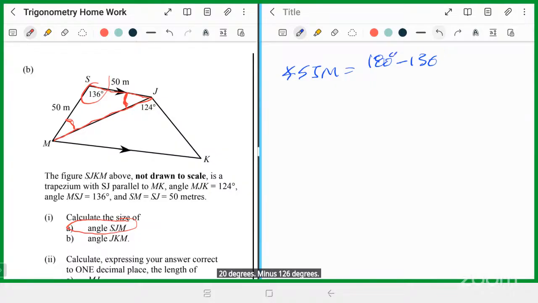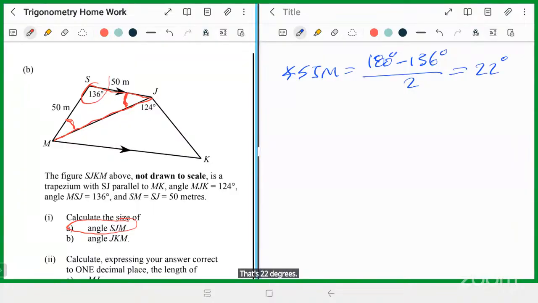That's the sum of the two angles remaining. And then divide that by 2. That's how we get that angle SGM. Do you understand that? Yes, sir. That's 22 degrees.